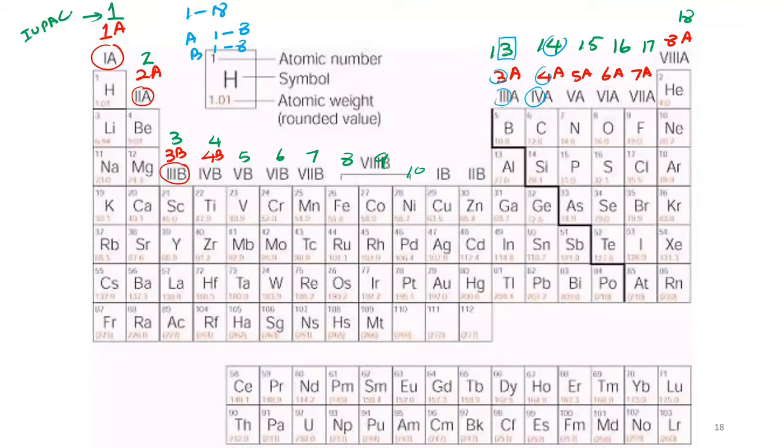So when we say group 3 or group 13, we are pretty much looking at the same thing. If you are saying group 4 or group 14, we are basically looking at the same group in the periodic table. So get used to this numbering system and be able to read the periodic table.